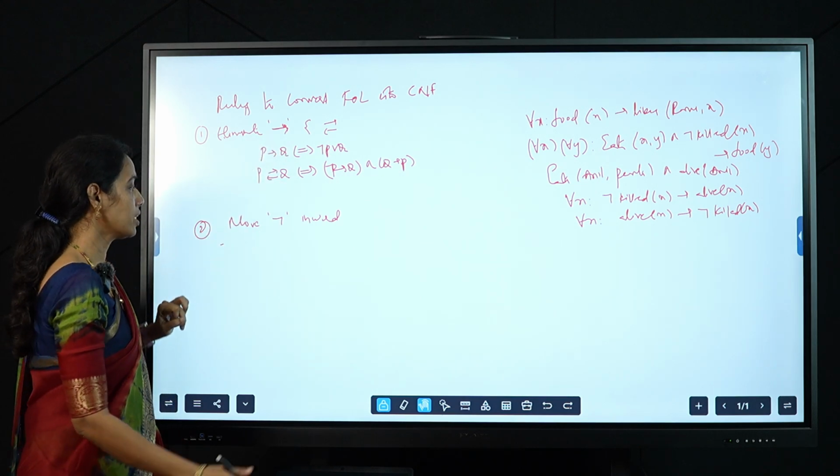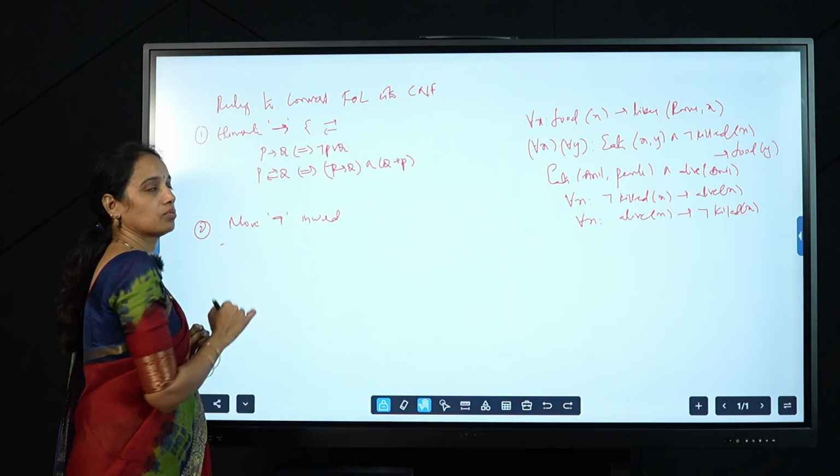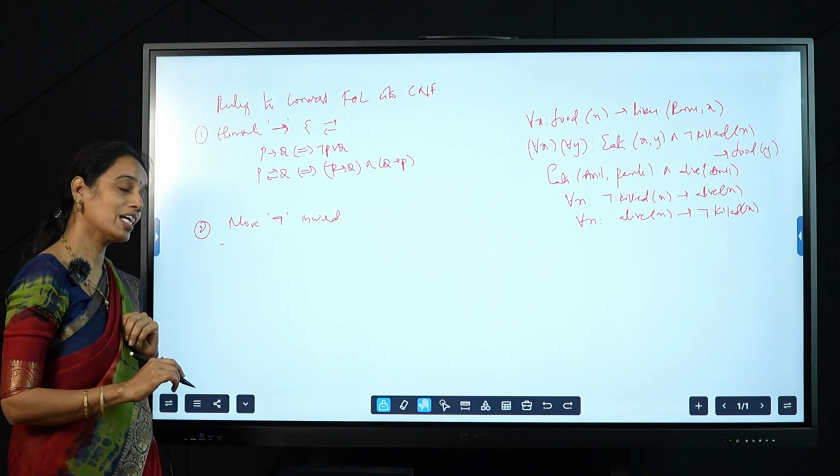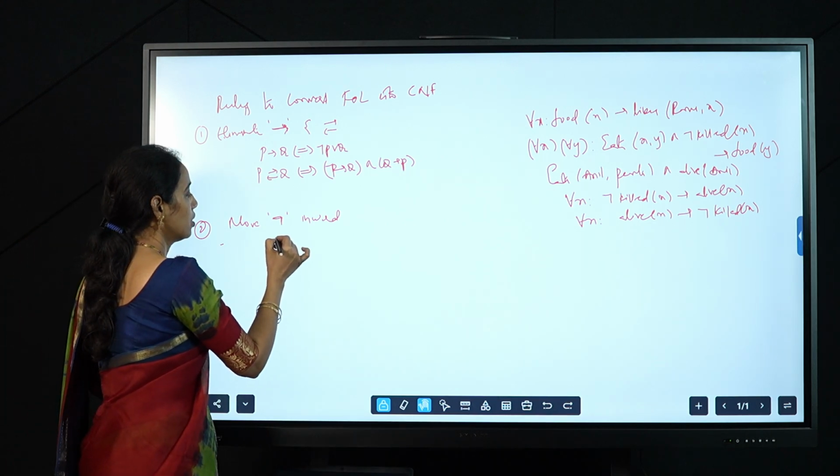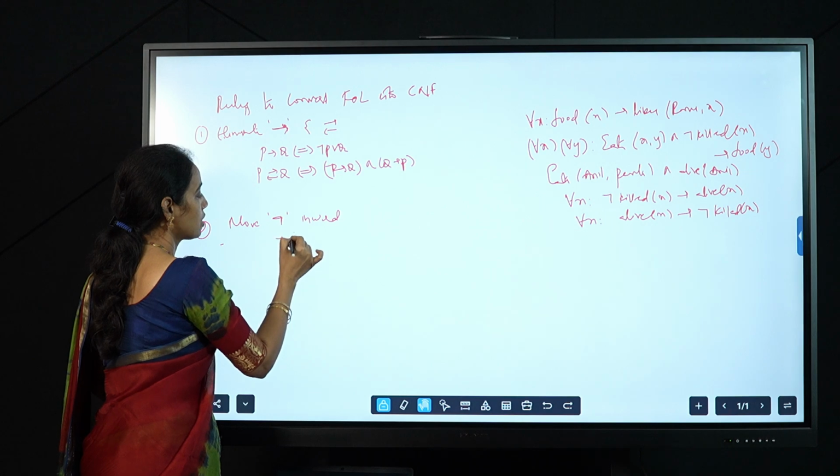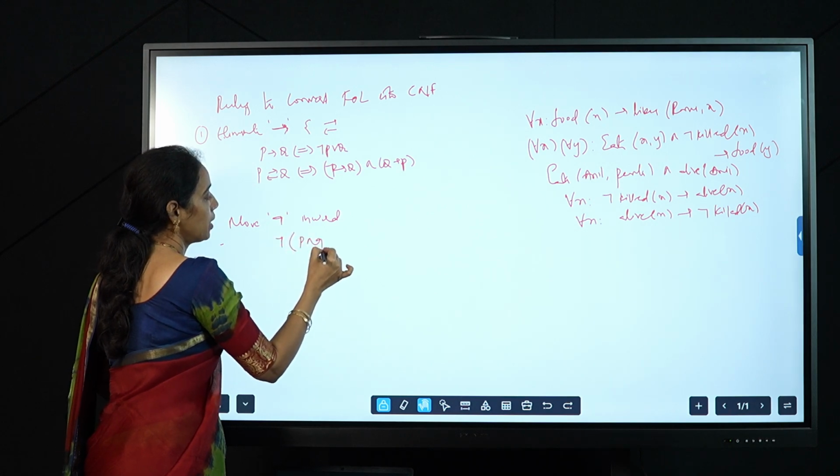The next rule: whenever we have a negation, it should be moved inward. Suppose there is a formula negation (P and Q).